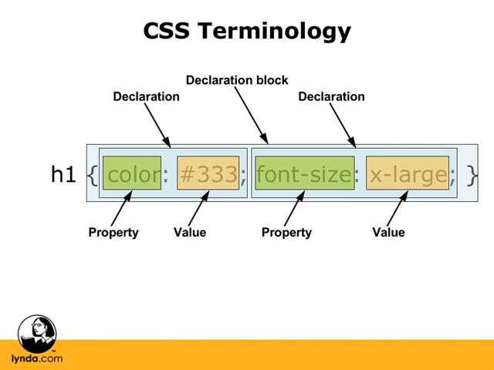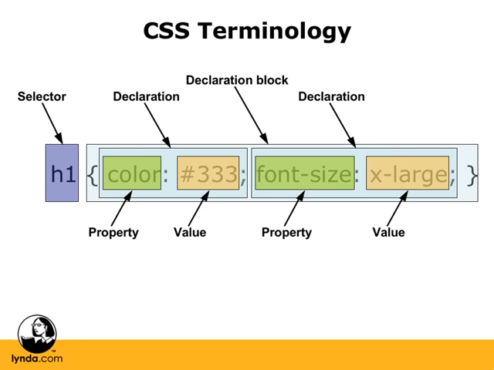Now, next to a declaration block, you have what's called a selector. The selector describes what elements will be selected in your document to have the styles described in the declaration block applied to them. So in this case, we've said that all H1 elements should be selected, and the styles in the declaration block associated here should be applied to all H1s.